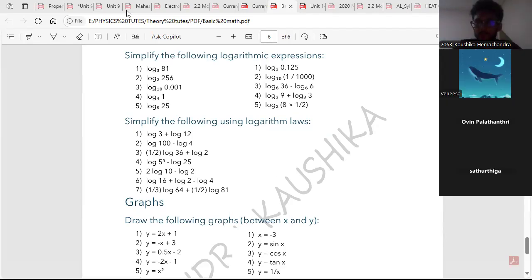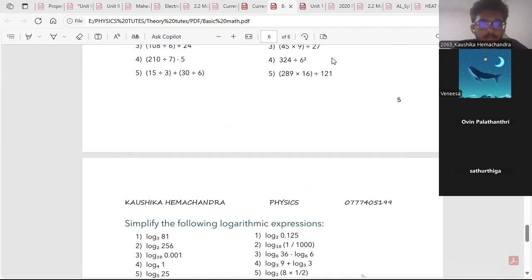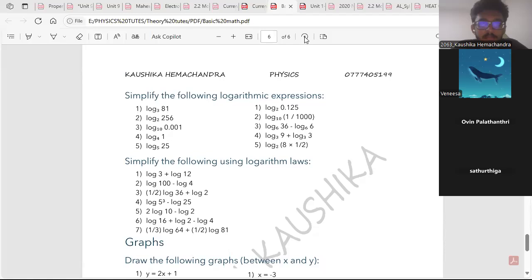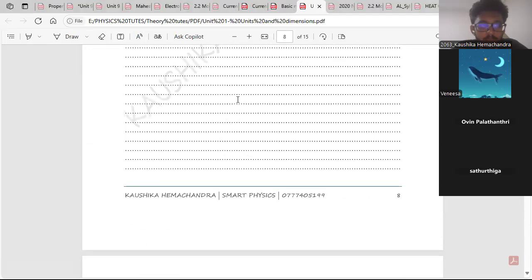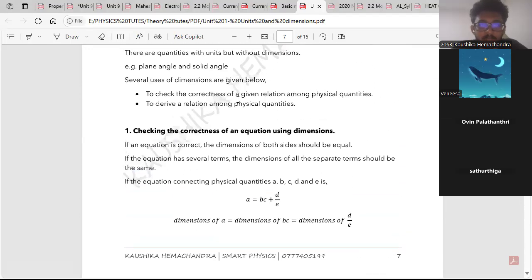Right. So we'll start. We'll start today from logarithms and go ahead on to dimensions and the derivations and correctness.